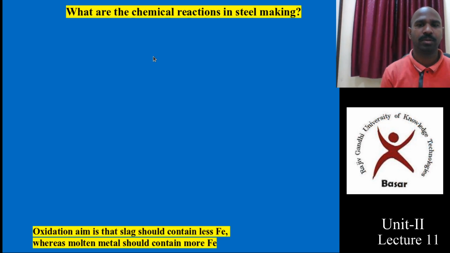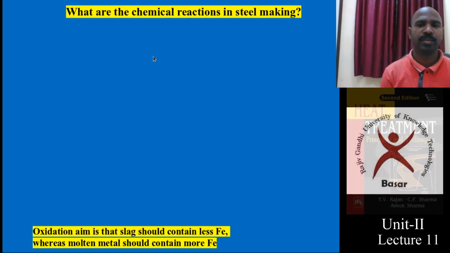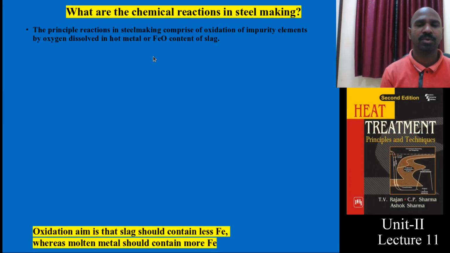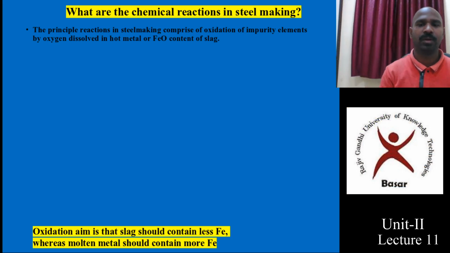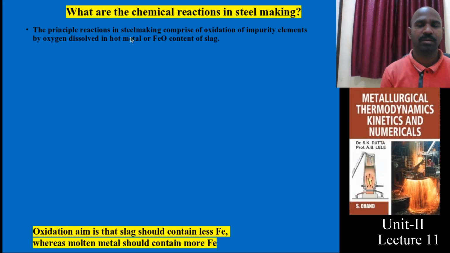What chemical reactions happen in steel making? The principal chemical reactions are oxidizing reactions. The moment you purge pure oxygen into the molten pig iron, it reacts, and FeO evolves. It can form many other reactions as follows.